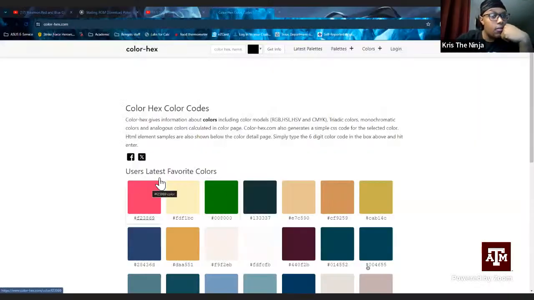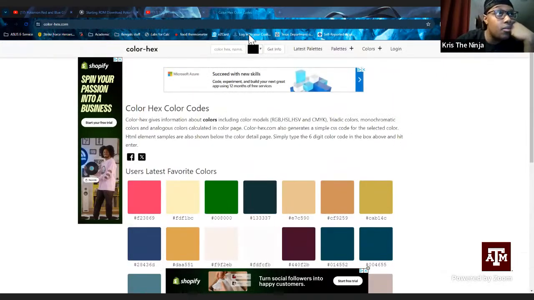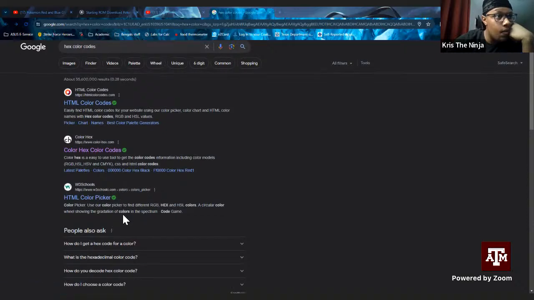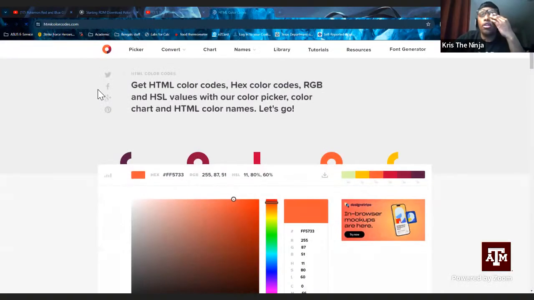One of the most popular uses of hexadecimal is the hex color code.